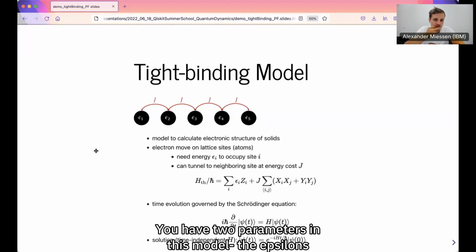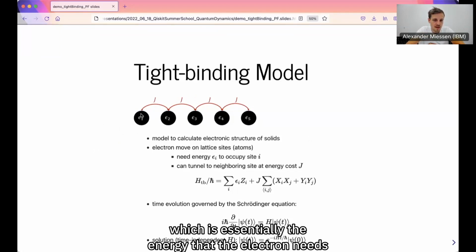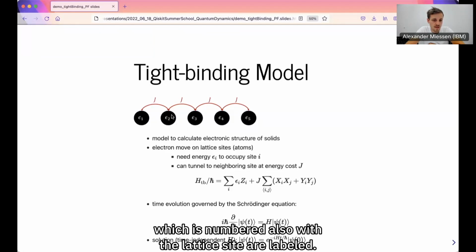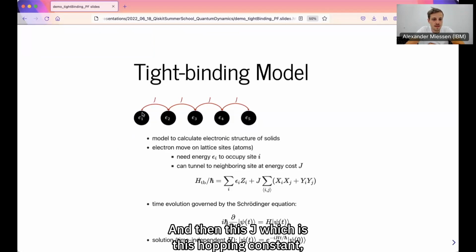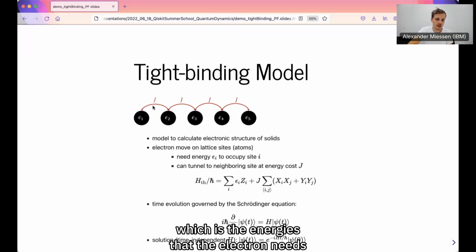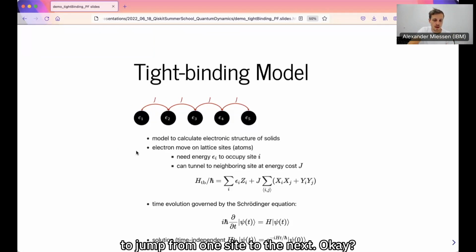You have two parameters in this model, the epsilons, which is essentially the energy that the electron needs to occupy the respective lattice site, which is labeled with the site number. And then this J, which is the hopping constant, which is the energy that the electron needs to jump from one site to the next, okay?